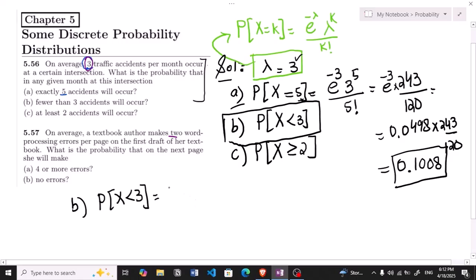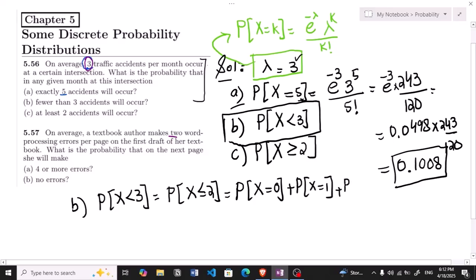This is basically the probability that x is less than or equal to 2, or we can very easily write all the values of x less than or equal to 2: the probability that x is equal to 0, the probability that x is equal to 1, and the probability that x is equal to 2.